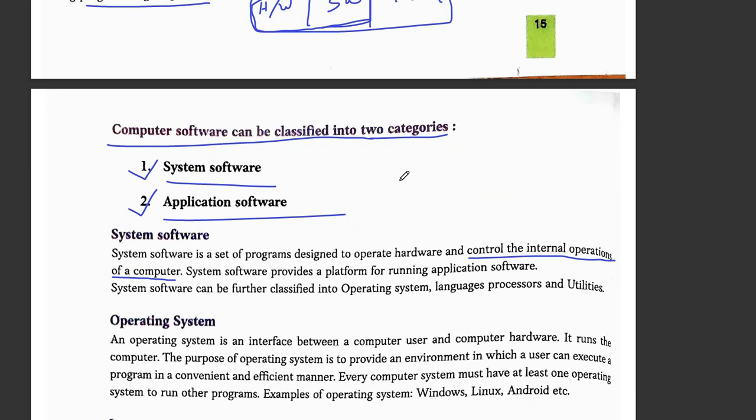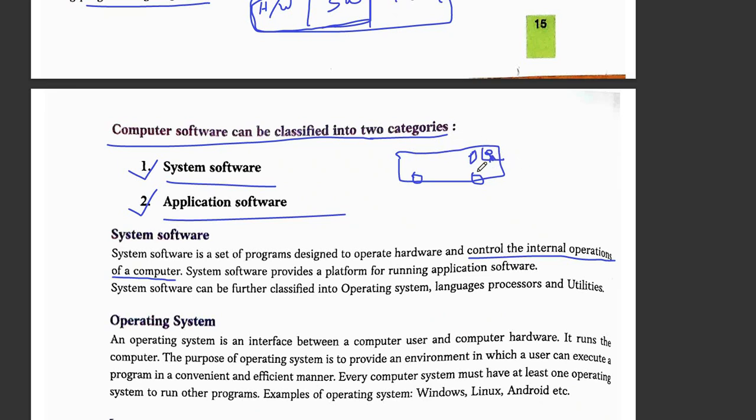Suppose this is a bus. So here is a driver. Okay, so here is a TV. In order to run this bus, which one is required? Is a TV required in order to run this bus?